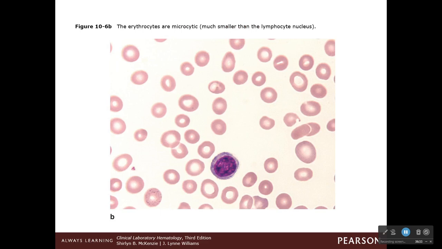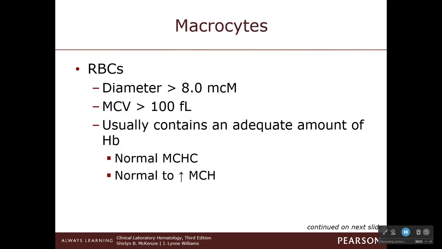And a lot of times the cells will be even washed out more than that. It'll typically look like that cell, these cells right here, this one, and that one. The central pallor is a lot larger, so that makes up greater than a third of the cell, okay?